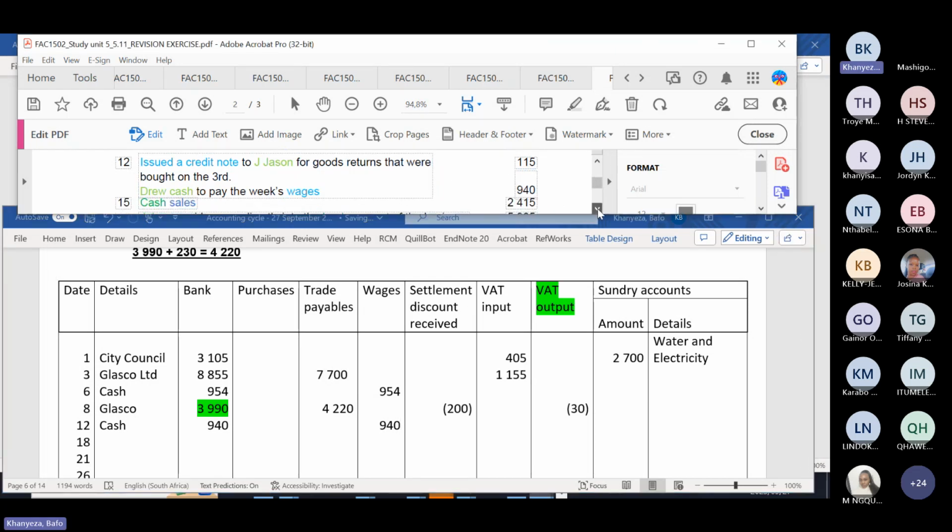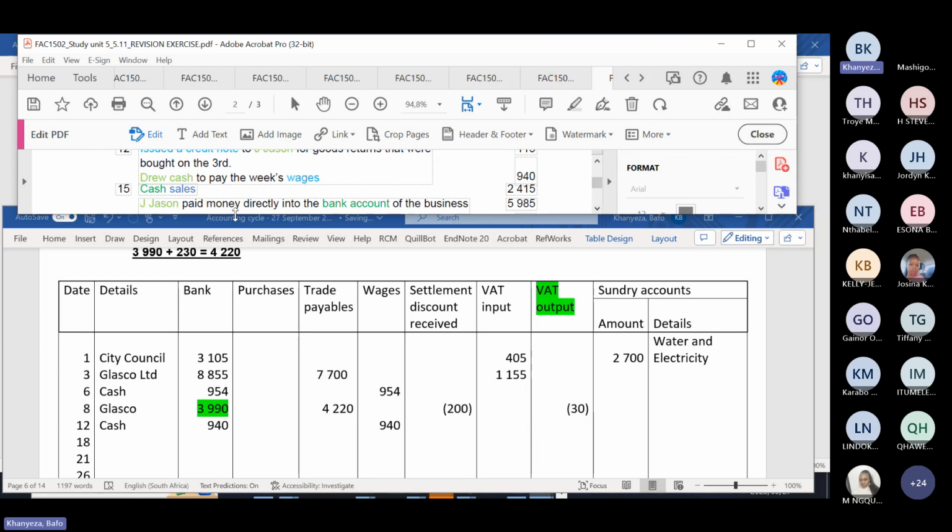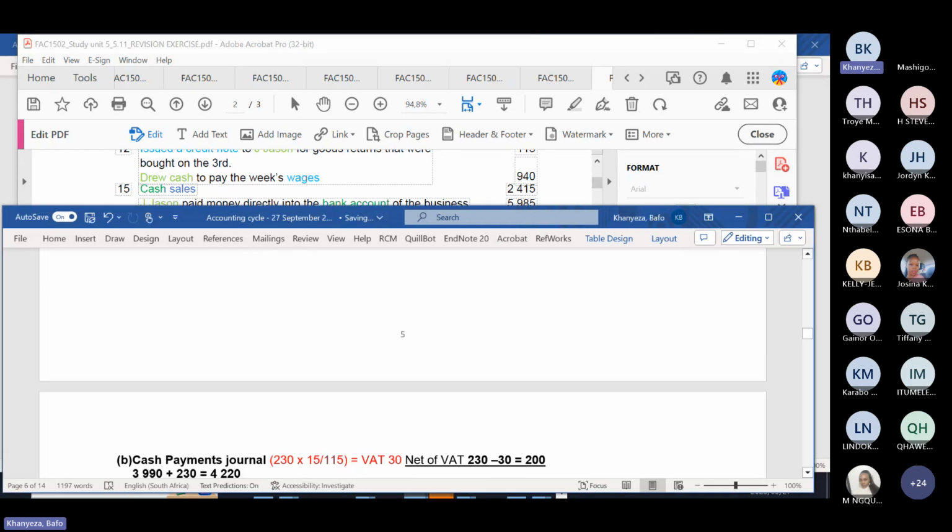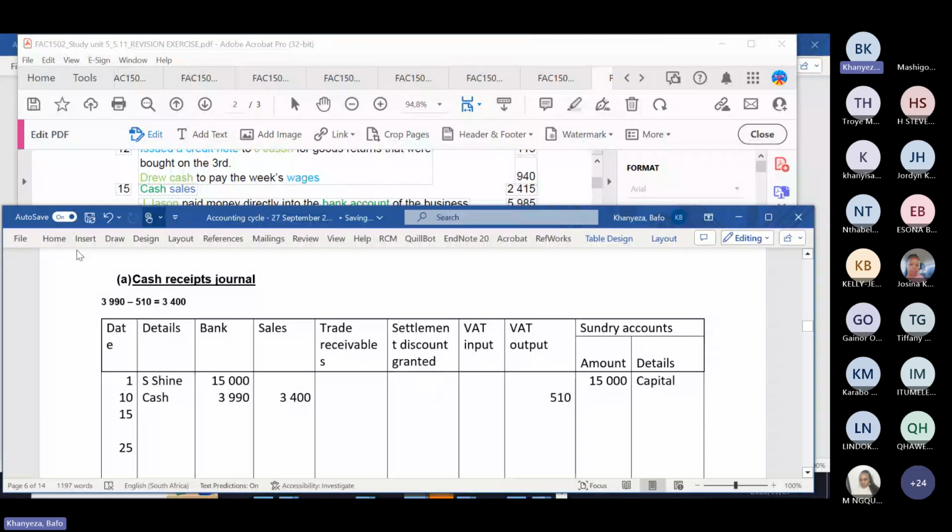On the 15th, cash sales. What does it affect? Cash. The moment it is cash, it is either the cash receipts or cash payment journal. So on the 15th, it's going to be cash, which is cash receipts. Again, we will split so that you will see where these amounts come from.